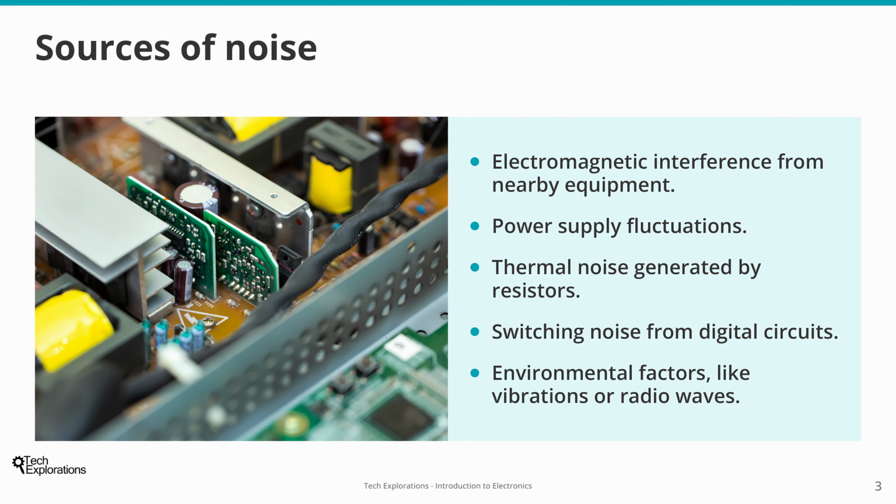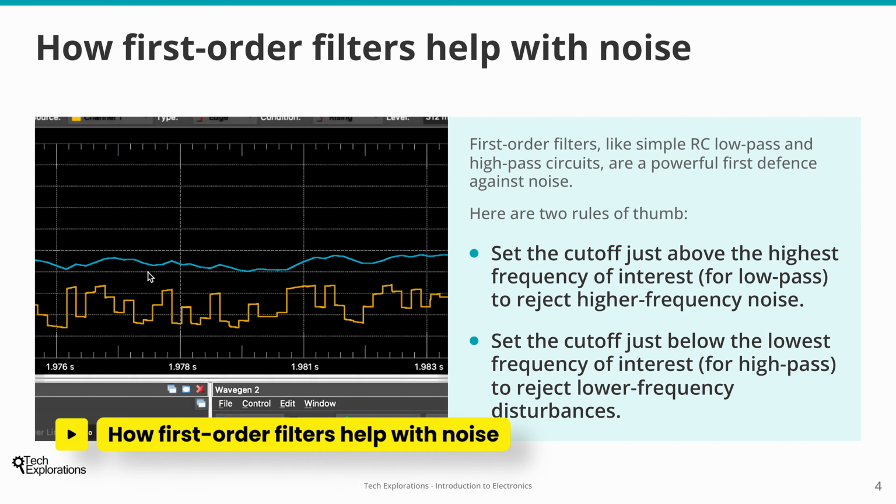Noise can make a clean signal appear distorted, jumpy, or unstable. If it isn't properly controlled, noise can cause errors in measurements, lost data in communications, or unpleasant distortion in audio systems. If you followed the course so far, you know what I'm about to explain.